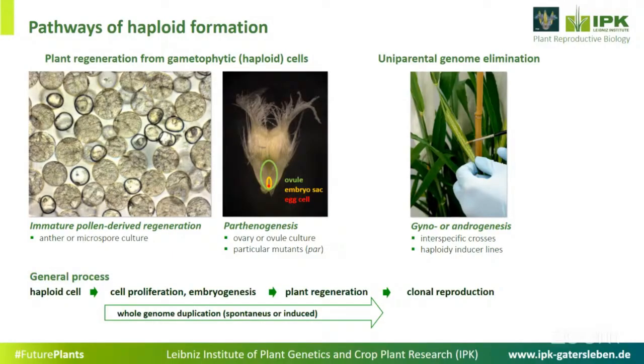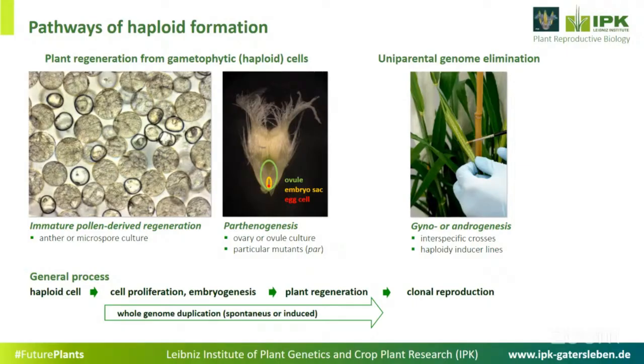What all these systems have in common is that you start with a haploid cell. You have to initiate cell proliferation from this haploid cell, which is difficult. For instance, if you imagine pollen, an immature pollen grain has its destination to form a mature pollen, which is typically bicellular or tricellular, or the egg cell actually stops development as long as it is not fertilized.